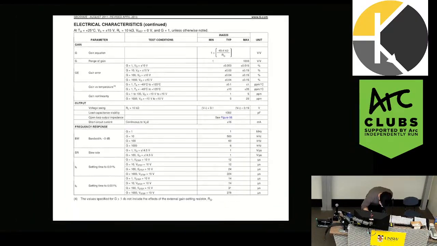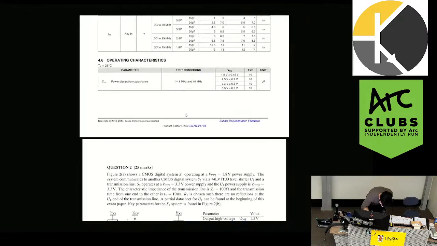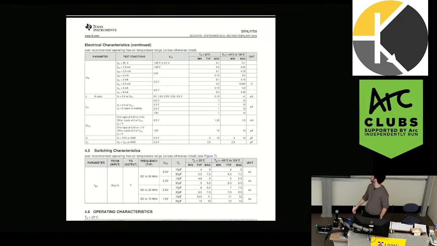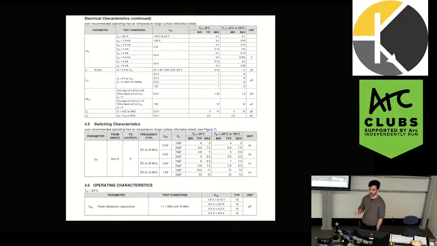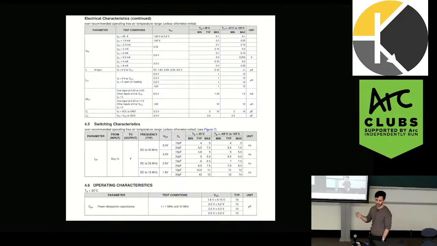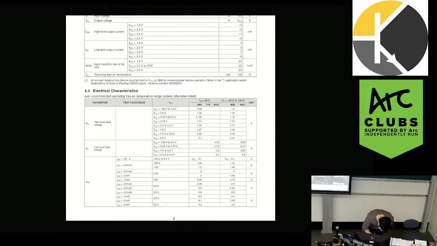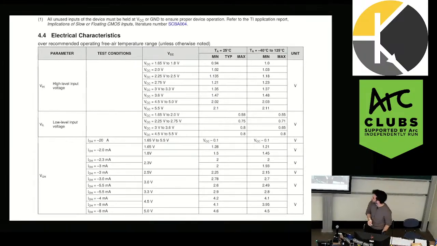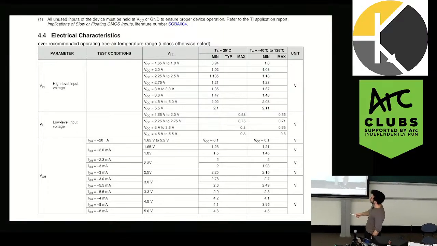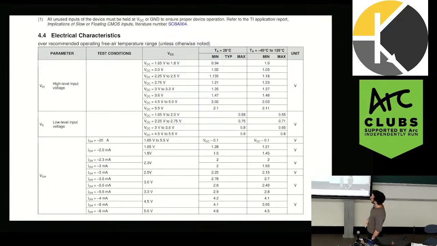Again, for this one, we're given another data sheet. For the noise margin, we need V input high, V output high, all those values, and you can find those here. You just look for the power supply voltage you're using, and you look for the worst case. That's it, there's nothing else to this data sheet.